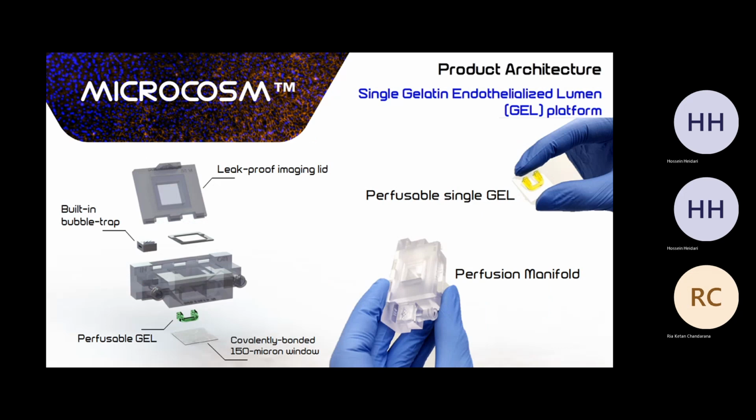What we were thinking of doing, and we actually launched this product, Microcosm, was instead of printing out of silicone, which is still very stiff, like rubber, on the order of 100 kilopascals, whereas you're looking at around 1 to 10 kilopascals for the majority of our tissue.